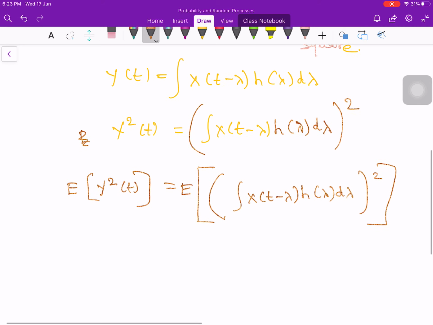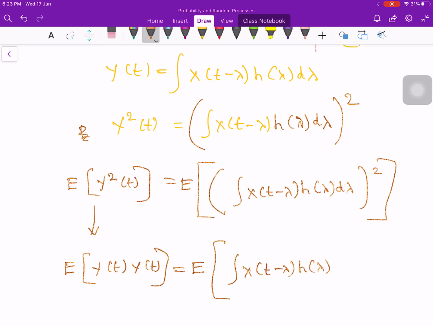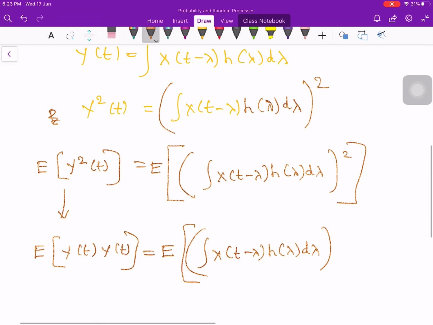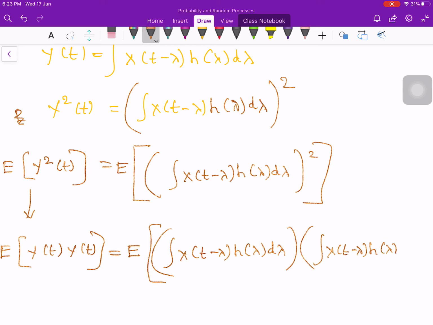By the way, this single integral I can write as the expected value of y of t times y of t. Therefore, the integral of x of t minus lambda times h of lambda d lambda, times another integral of x of t minus lambda times h of lambda d lambda, with limits minus infinity to plus infinity.